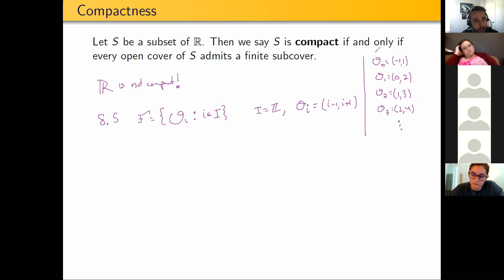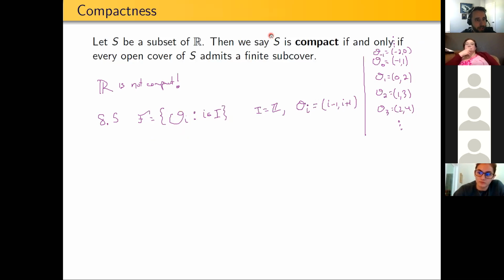Also, O sub -1 was the set from -2 to 0, and so on in the infinite direction as well. Each lowercase i inside our indexing set represents an integer, and every integer had a corresponding open interval, from that integer minus 1 to that integer plus 1.